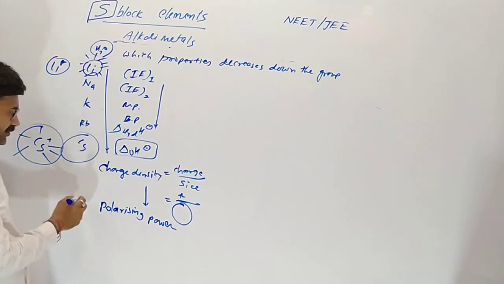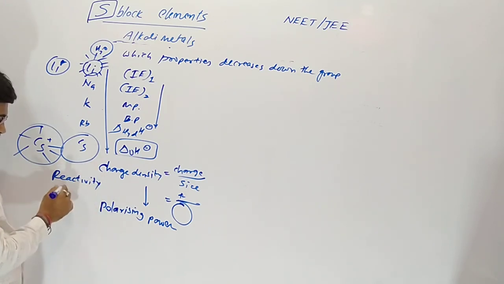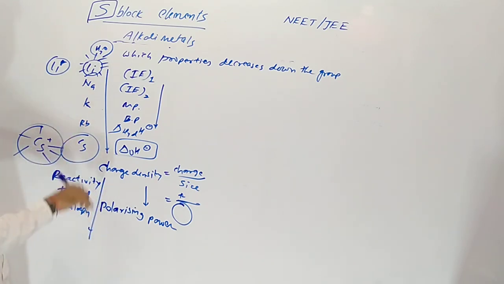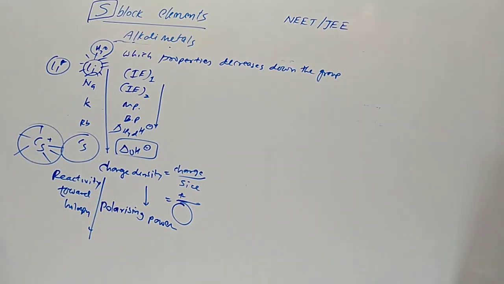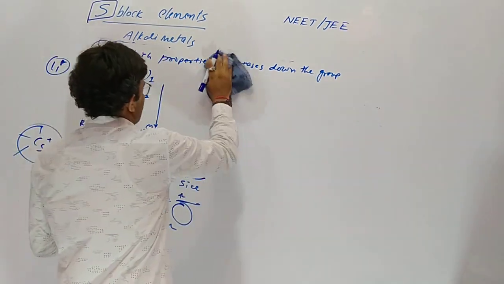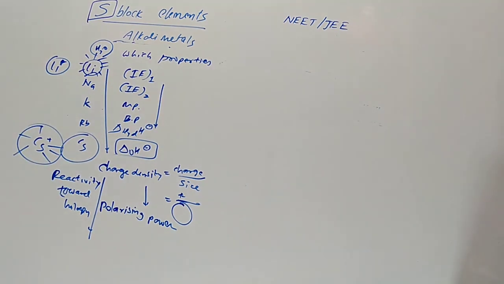Then reactivity towards halogen also decreases from top to bottom. Now, which properties increase down the group?